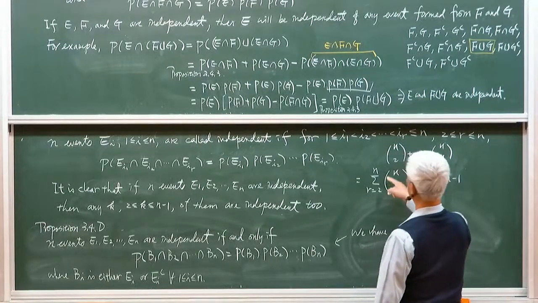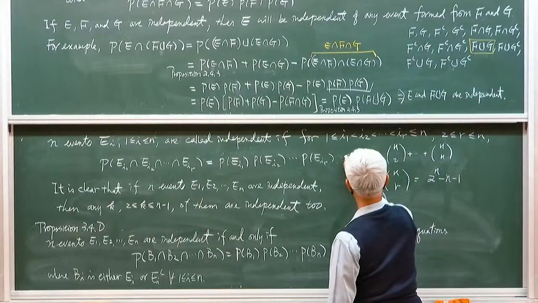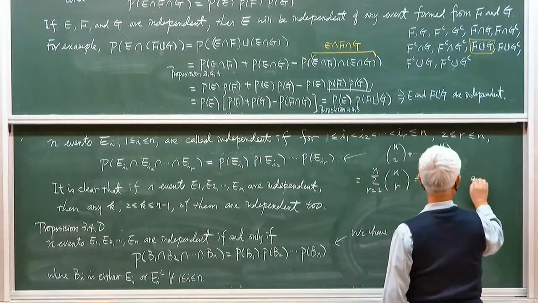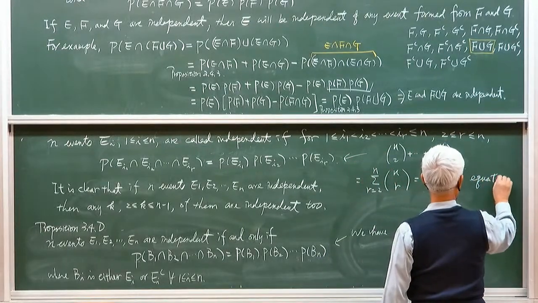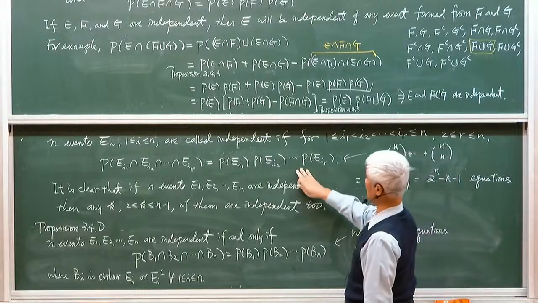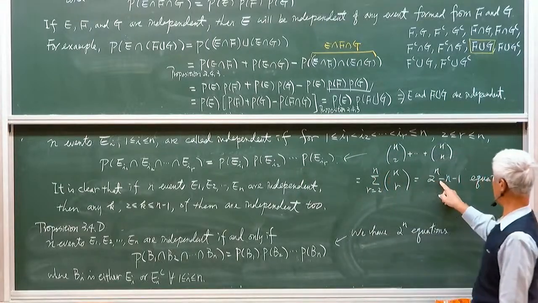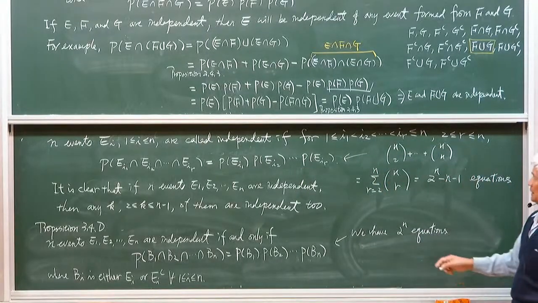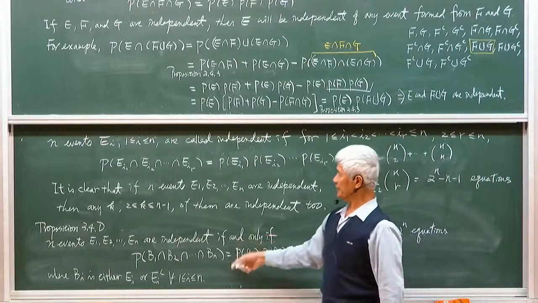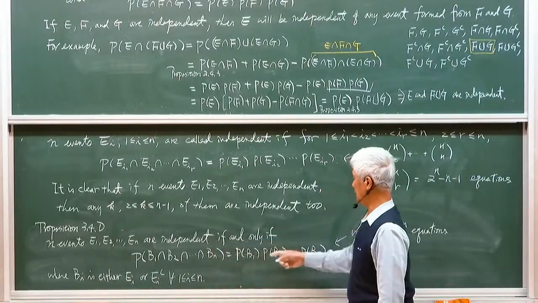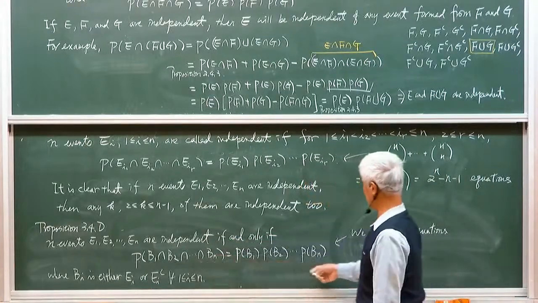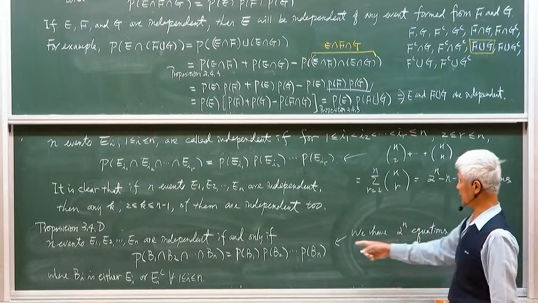In the definition, we have 2 to the nth power minus n minus 1 equations, and in the equivalent condition we have 2 to the nth power equations.